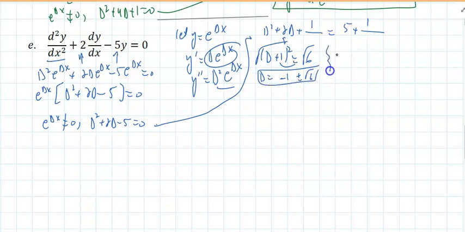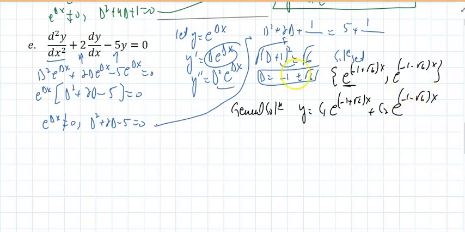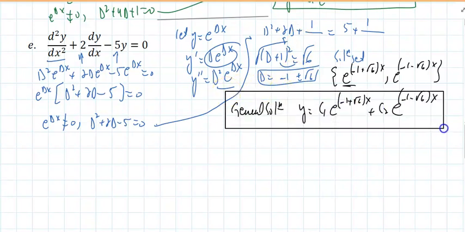The solution set is e to the negative 1 plus radical 6 times x, e to the negative 1 minus radical 6 times x. And the general solution is y equals c1 times, it doesn't matter which order you put those in, plus c sub 2 e to the negative 1 minus radical 6 x.